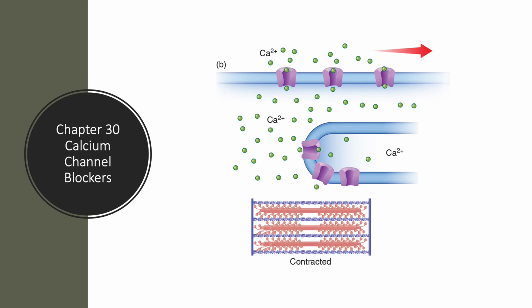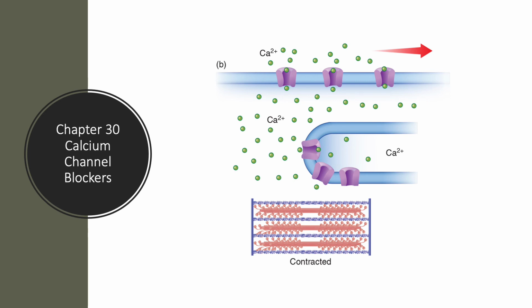It causes vasodilation by blocking those smooth muscle calcium channels, and also affects the heart by blocking the calcium channels and reducing contractility and heart rate. Okay, so again, good medications for hypertension, angina, and also for certain fast rhythms that we would really like to slow down. Okay, so let's now split them into two groups.